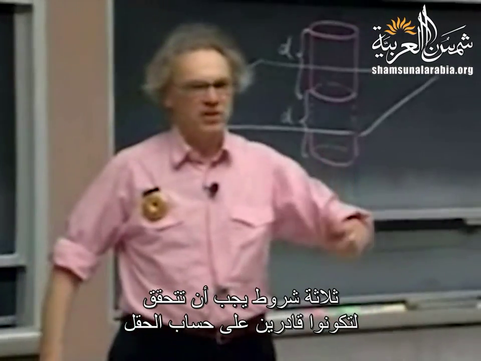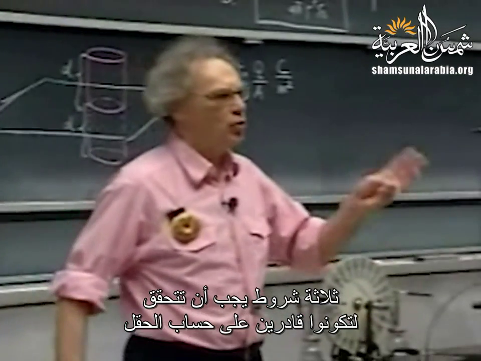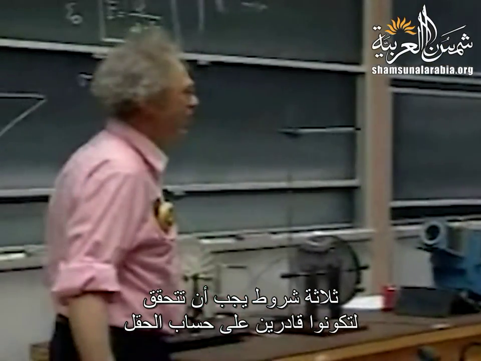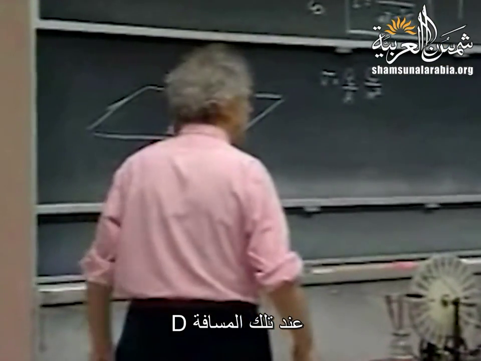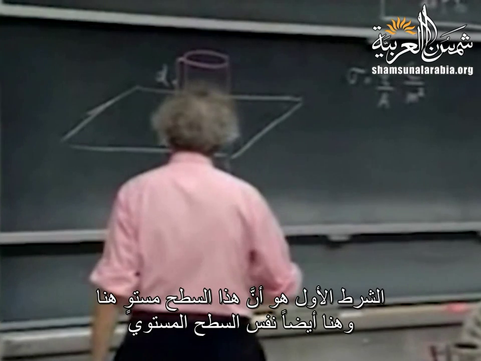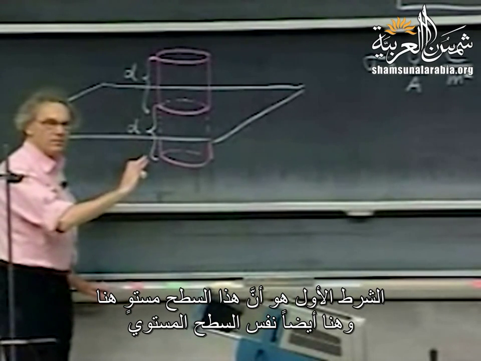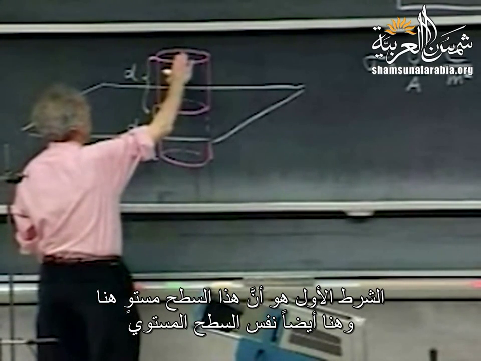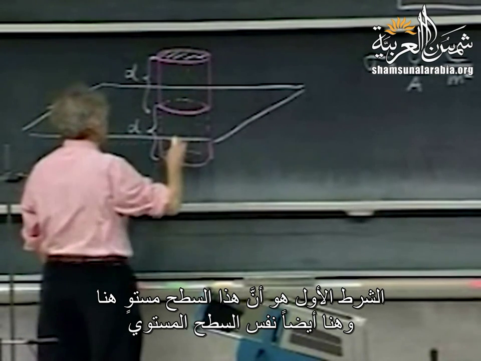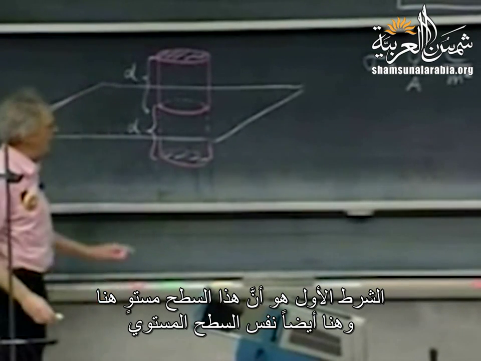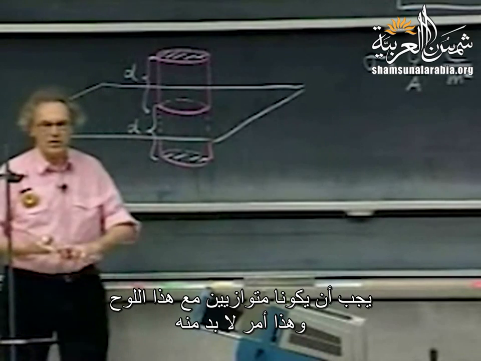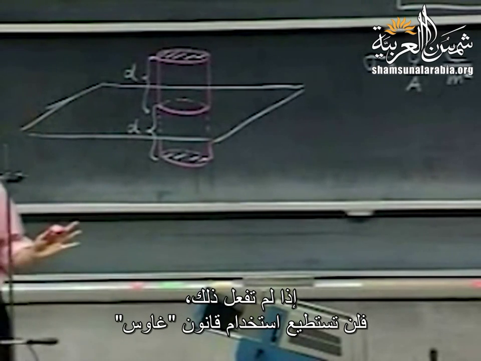Three conditions have to be met for you to be able to calculate what the E vector is at that location d. The first one is that this is a flat plane here, and this is the same flat plane. It must be parallel to this plane. That's a must. If you don't do that, you can't use Gauss' law.